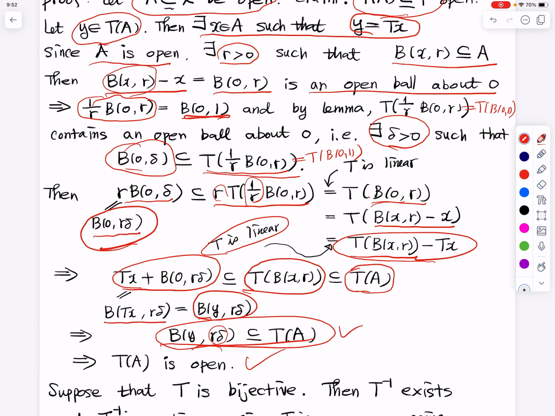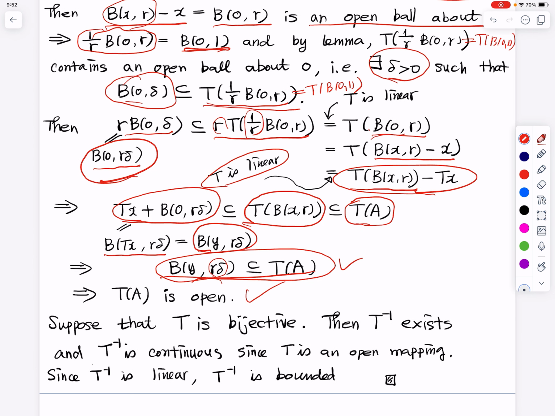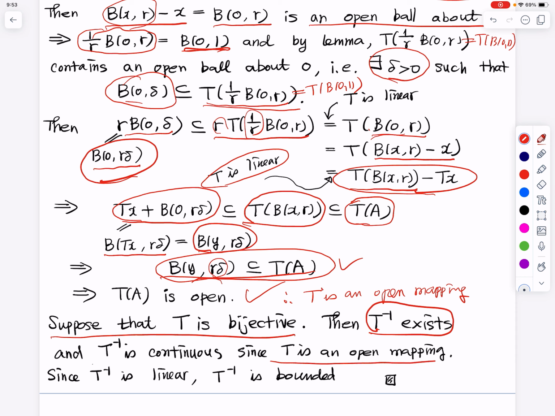So that implies T is an open map. Finally, we proved T is an open map, the open mapping. And now suppose that T is bijective, then T inverse exists. We proved T is an open map, and that is exactly saying T inverse is a continuous map.